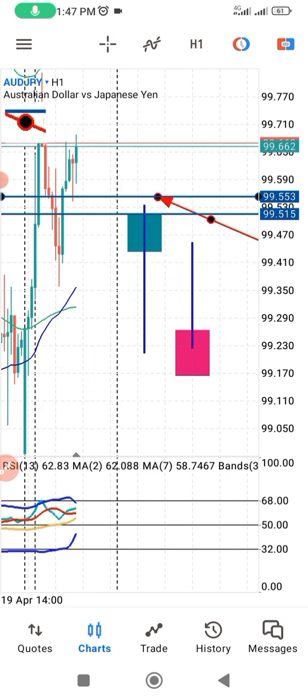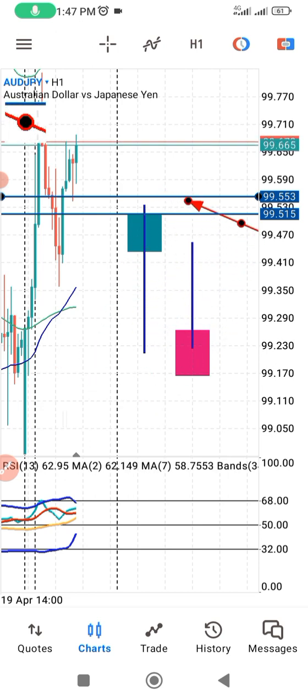We can make our entry 15 pips above the pin bar, because maybe at times the bar will finish its formation and price will return without moving to the upside.